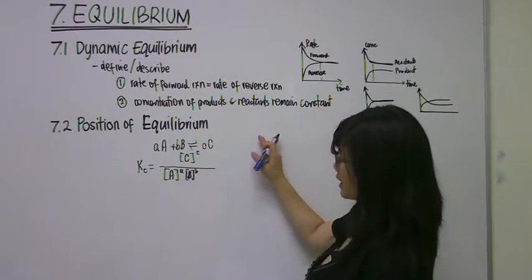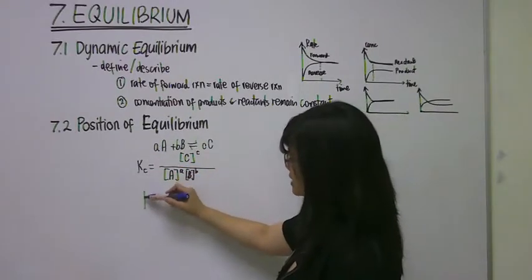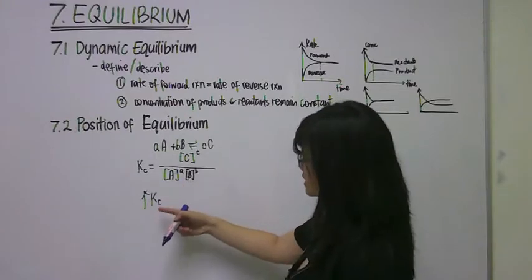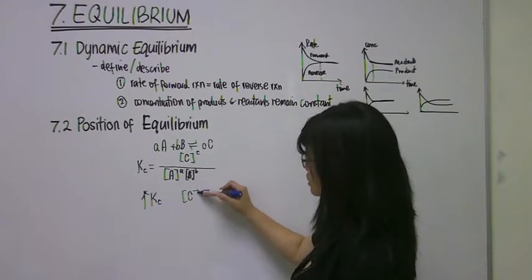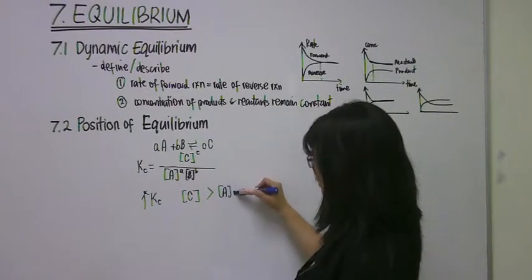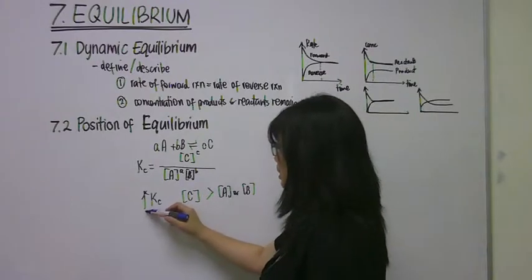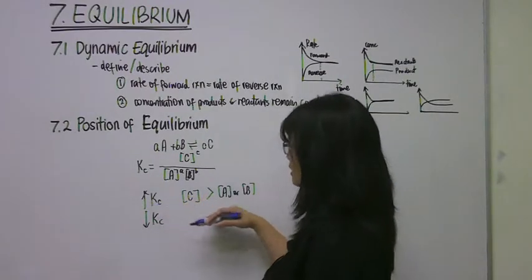Okay, so if you realize, this Kc is the ratio between the concentration of the product on the right hand side and the left hand side, okay? So when you realize that the Kc is higher, you will know that the concentration of C or D is greater than A or B. So the smaller the Kc, it will be the other way around.